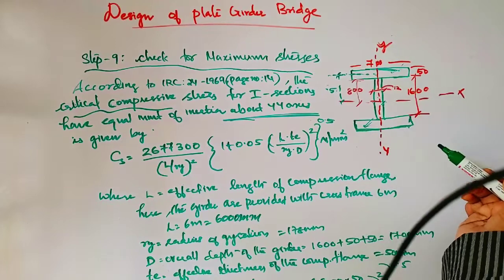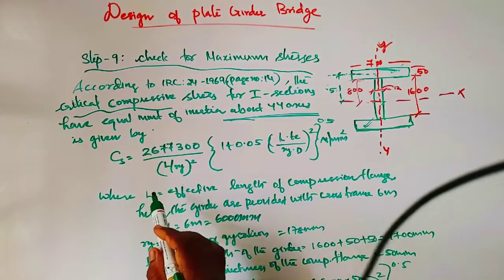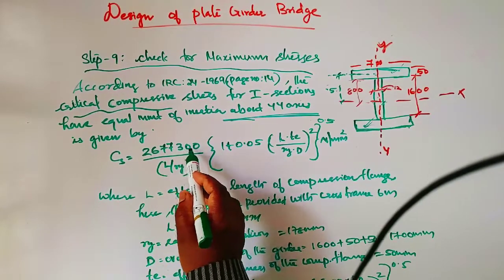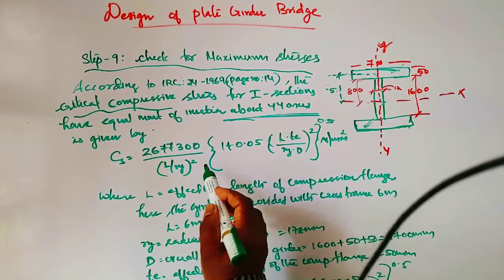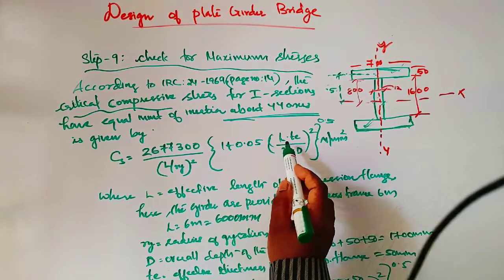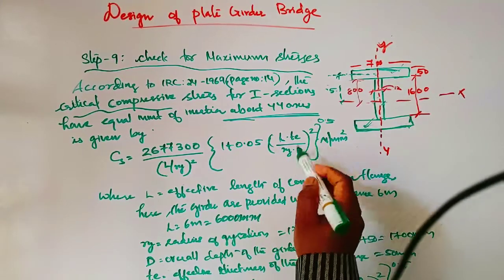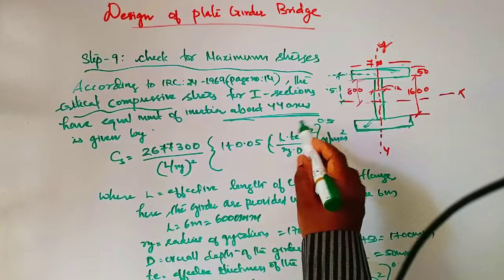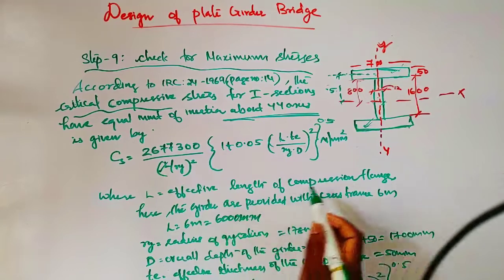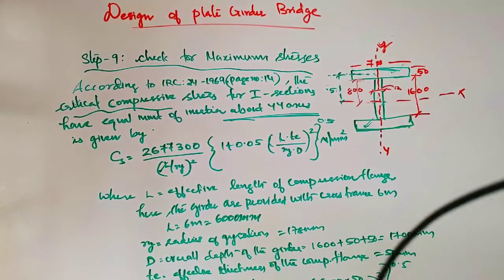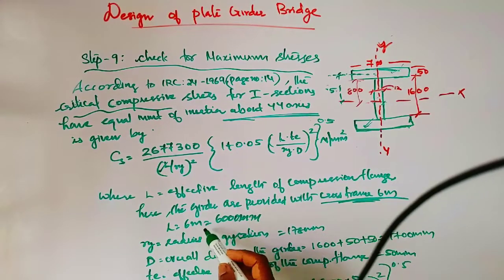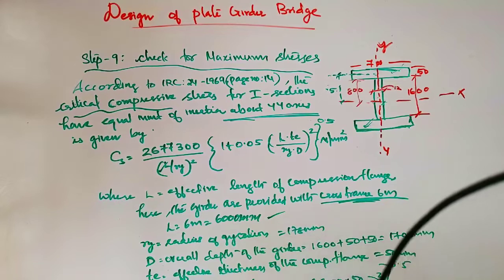As per IRC 24, the equation is 26.773 times 10 raised to 4 divided by (L by Ry) whole square, into 1 plus 0.05 into (L into T divided by Ry into D) whole square, the whole raised to 0.5 Newton per mm square, where L is the effective length of the compression flange. Here the girders are provided with cross frames at 6 meter, so L equals 6 meter, converted into mm.